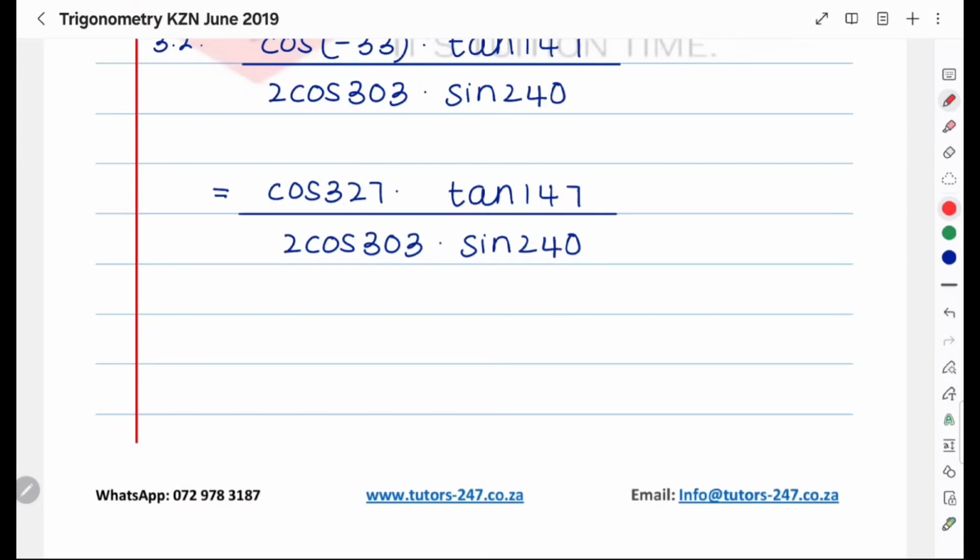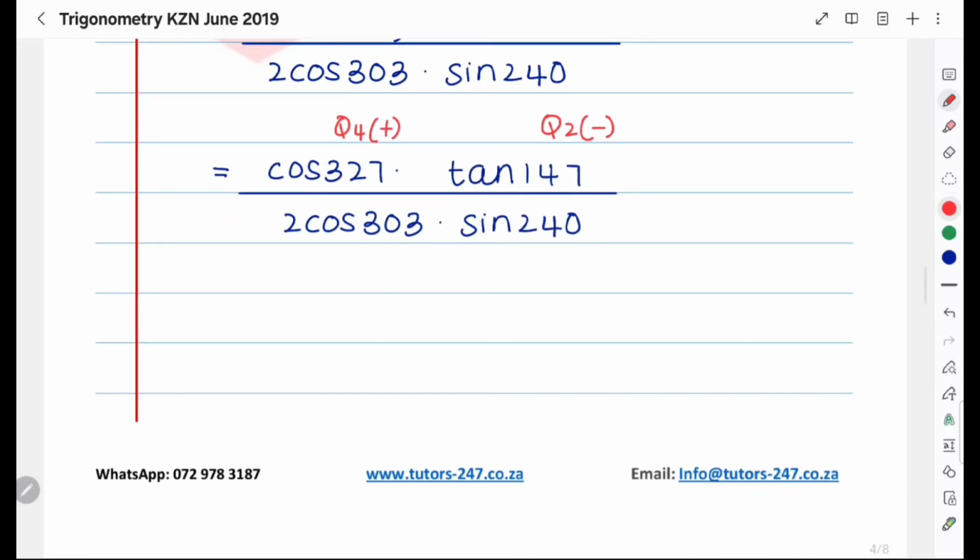From here, let us identify which quadrants our ratios are in. So 327, that is quadrant 4, and cos is positive in quadrant 4. 147, that is quadrant 2, and tan is negative in quadrant 2. 303, that is quadrant 4, where cos is positive.